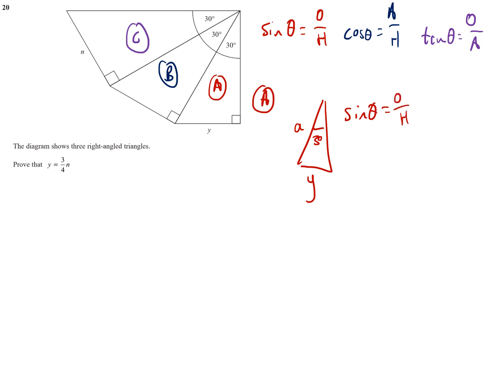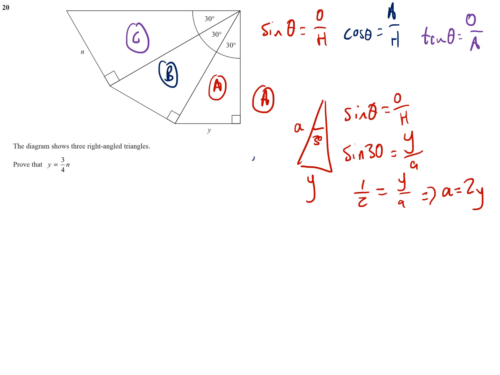So I've got sine 30 is y over A. Therefore, let's work out sine 30. Sine 30 is a half, so a half is y over A. So I've got an expression for A. If I cross multiply, we get A equals 2y.